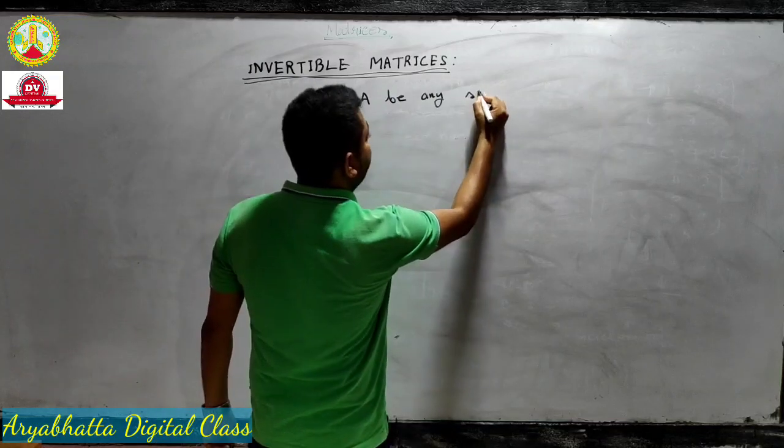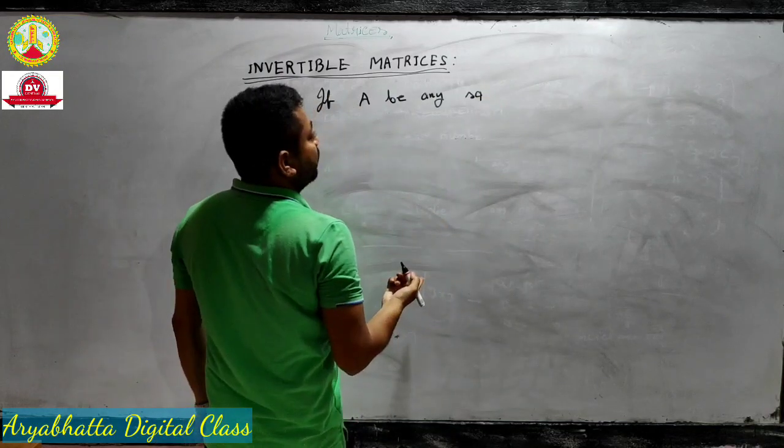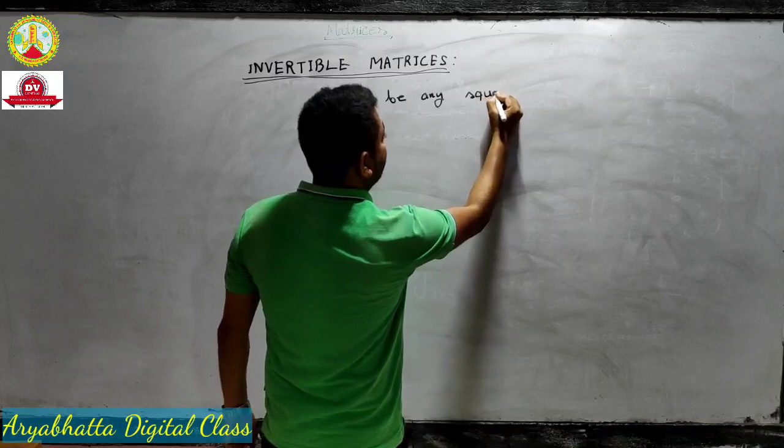square matrix means the number of rows is equal to the number of columns.